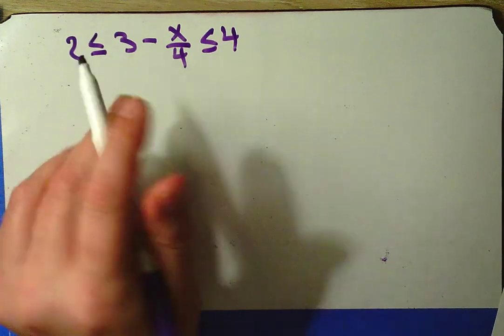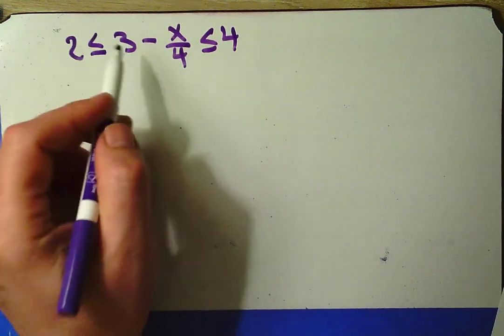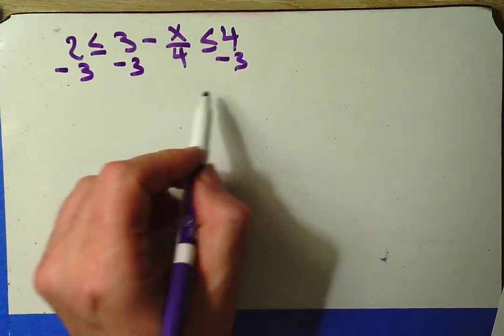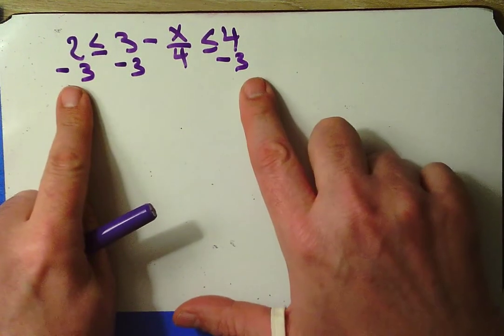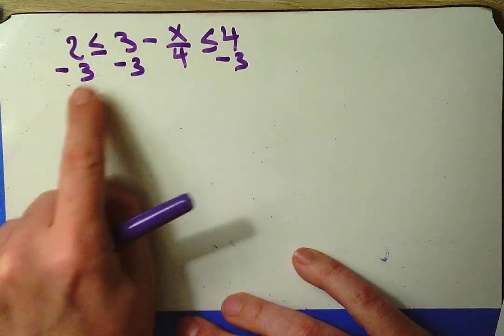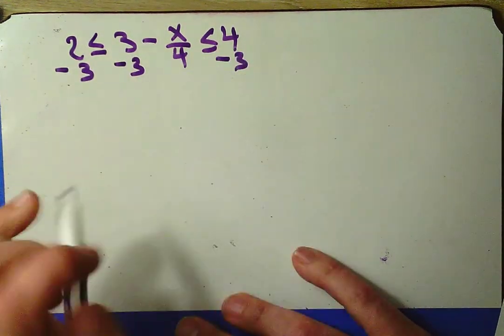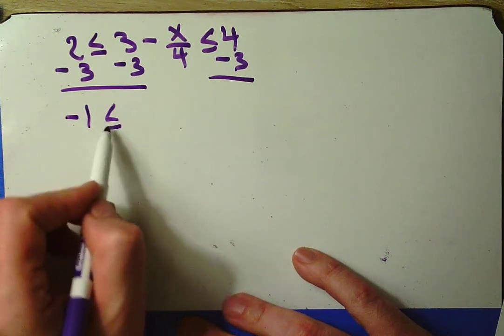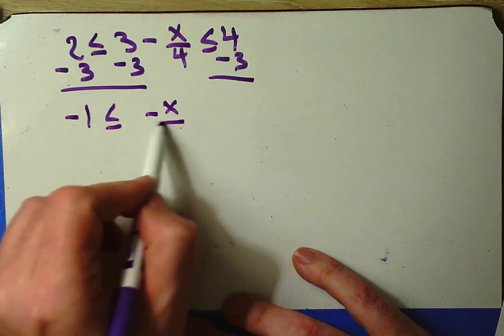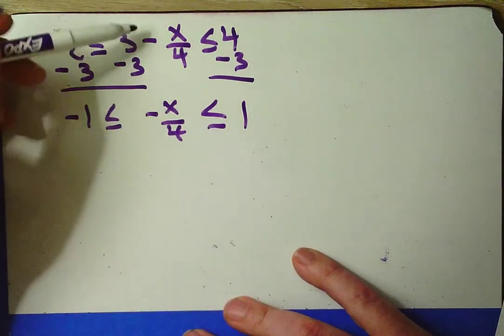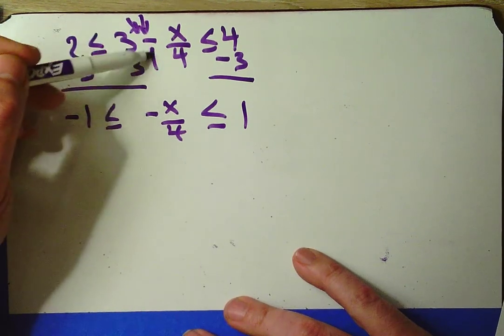Well, I can split this into two separate inequalities, but I'd prefer to save time and just solve both ends simultaneously from the middle. So I'm going to subtract this 3 both from the left side and from the right side. And that's going to give me negative 1 less than or equal to negative x over 4 less than or equal to 1. Please don't lose this negative sign.